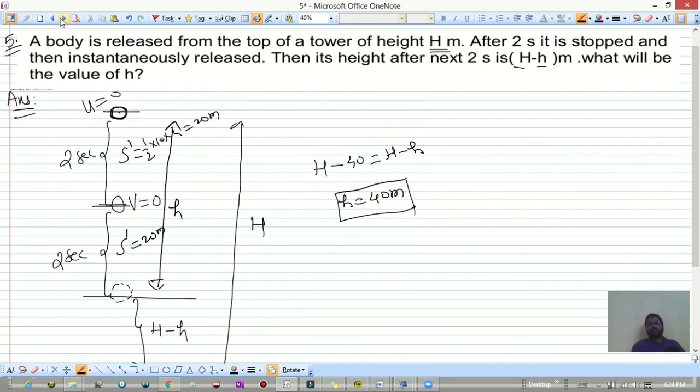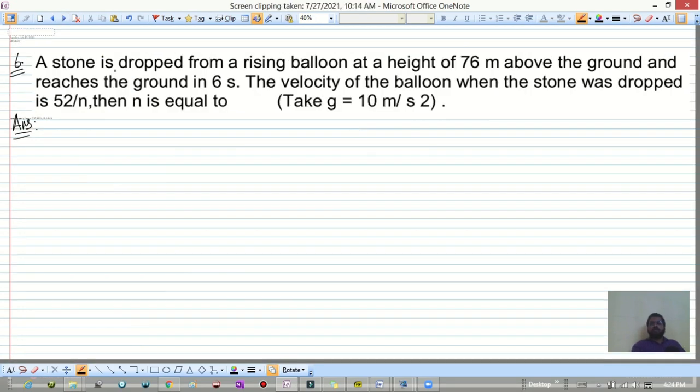Now the next problem. A stone is dropped from a rising balloon at a height 76 meters above the ground and it reaches the ground in 6 seconds. The velocity of the balloon when the stone was dropped is 52 by n, then n is equal to? Okay, stone was released indicates whatever the velocity of the balloon is in the upward direction is the same velocity of the stone.